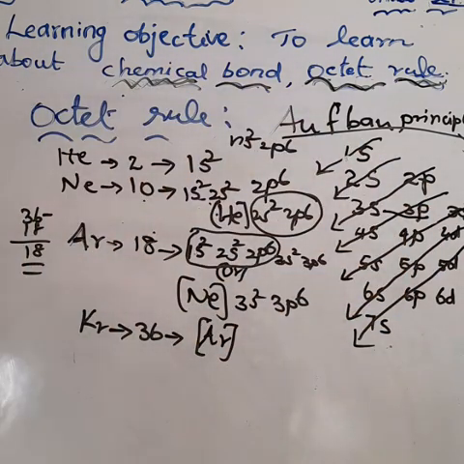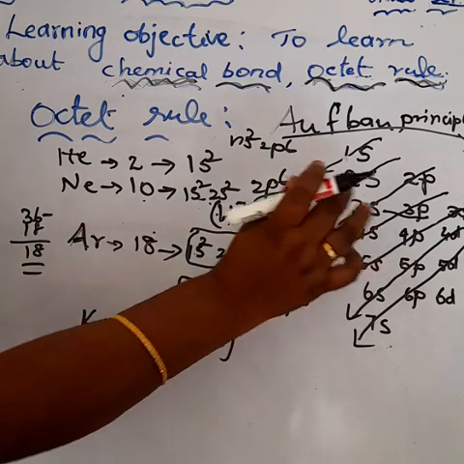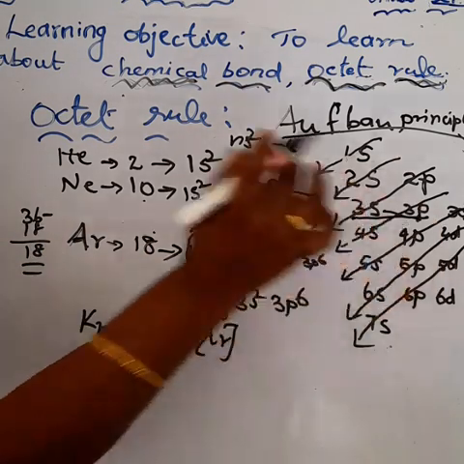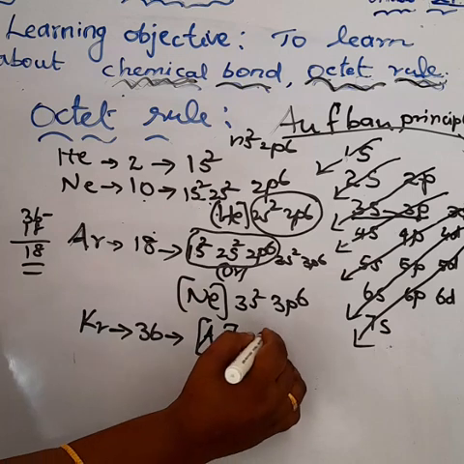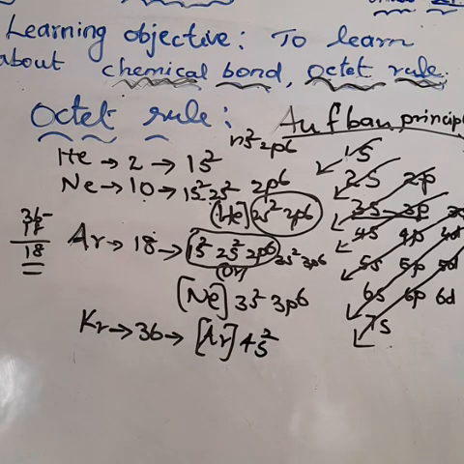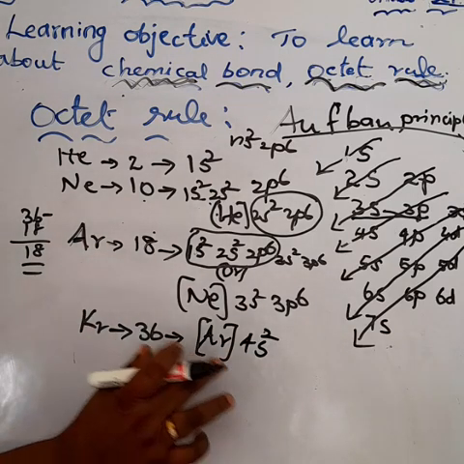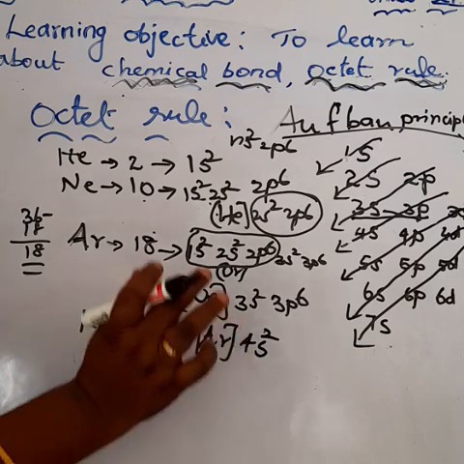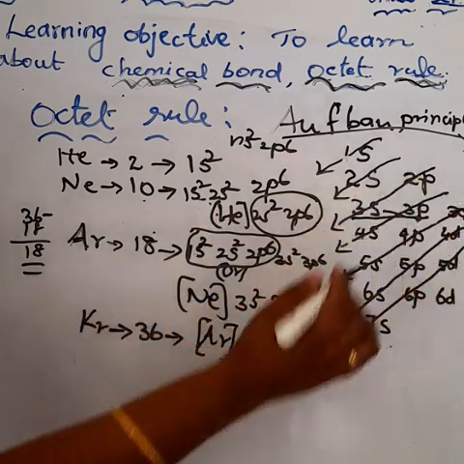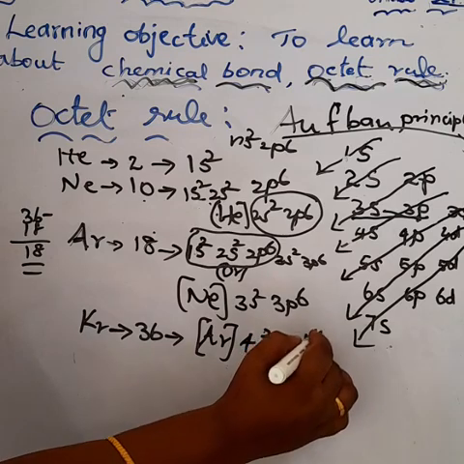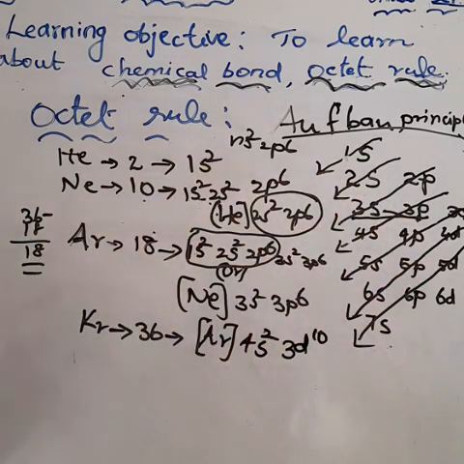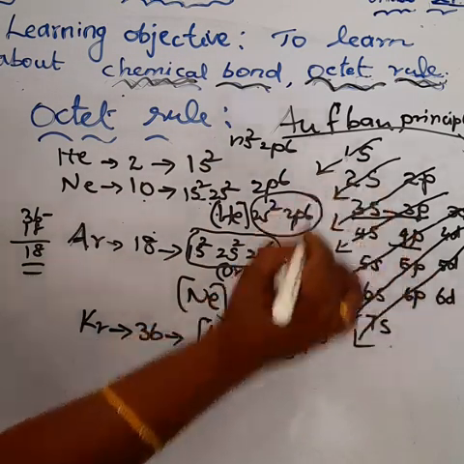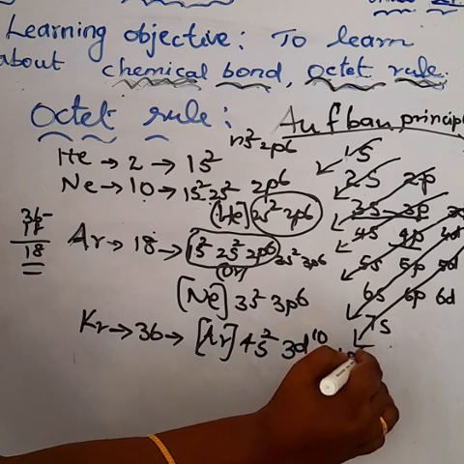After that 4s2, then 3d10, and then 4p6.